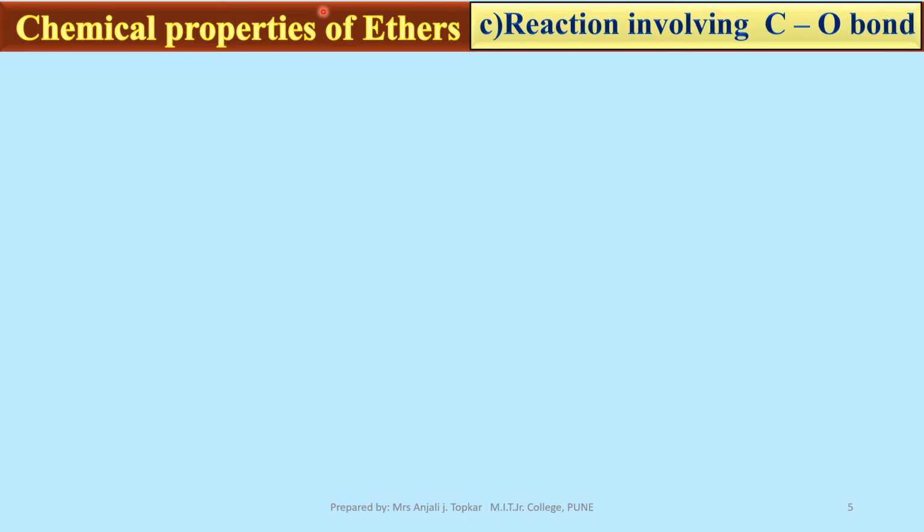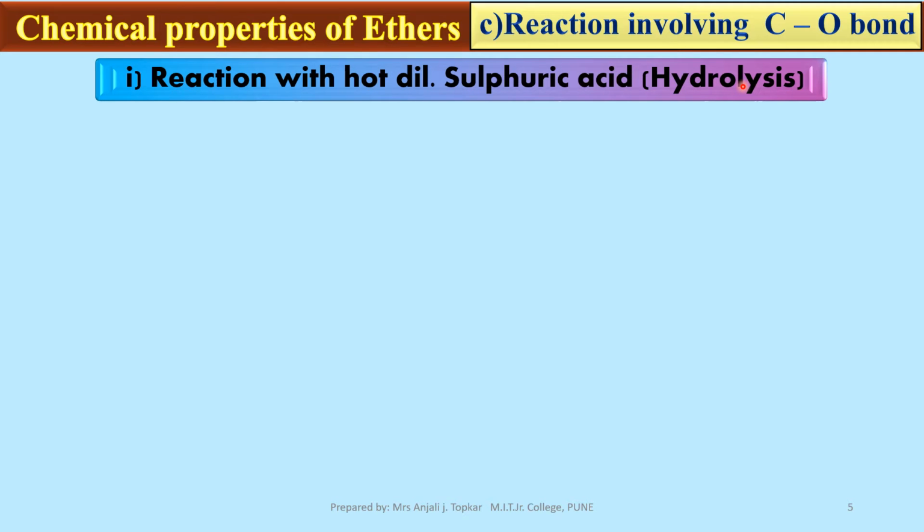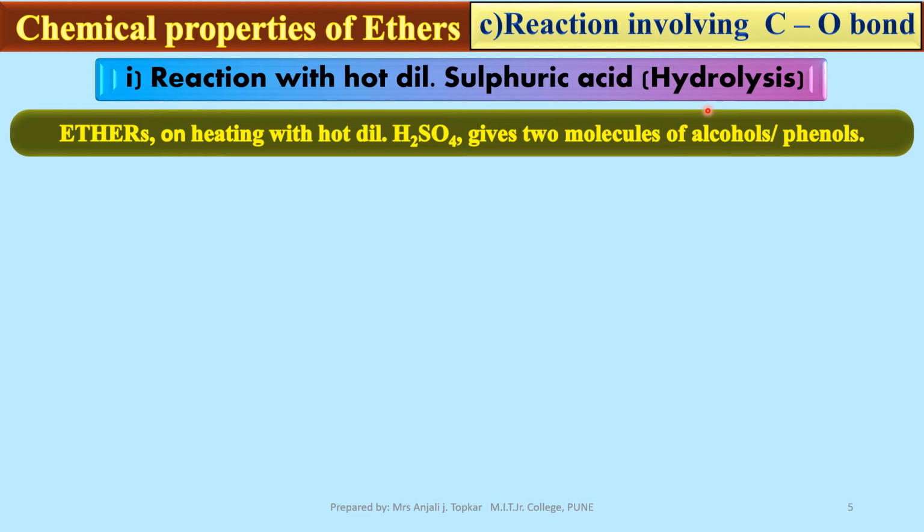First, we are going to deal with reaction with hot dilute sulfuric acid, that is hydrolysis. Ethers on heating with hot dilute H2SO4 give two molecules of alcohols or phenols. This is an ether.